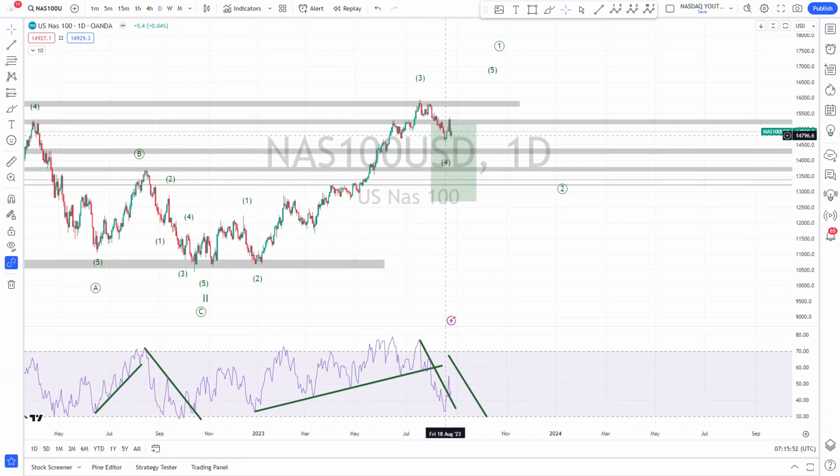I would wait till we had this move as the WXY that I'm forecasting, so W X Y down, and then the second leg of the double correction looks like a good opportunity to buy again as an investor. I think the correction might be finished, but I think we are too early. I would wait for the double correction before buying again.